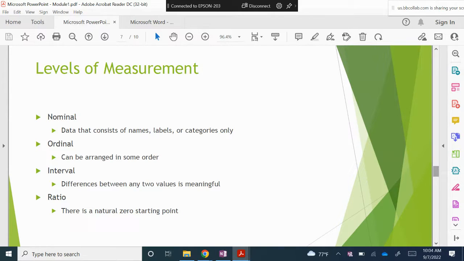There were like no students. As opposed to 0 in temperature, which doesn't mean there's no temperature. Okay, so interval data, the differences between any 2 values is meaningful. In essence, there is no true zero. I'll expand on this once we look at the example. And then for ratio data, there is a natural zero.